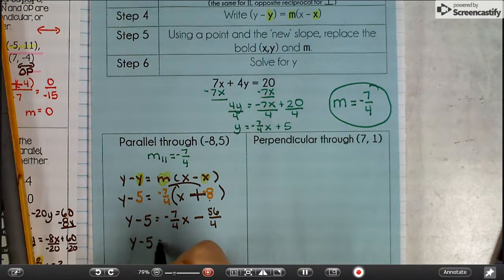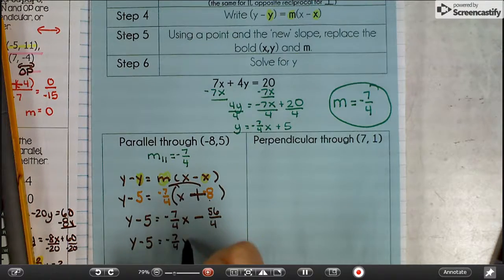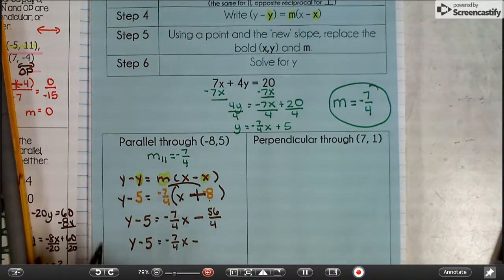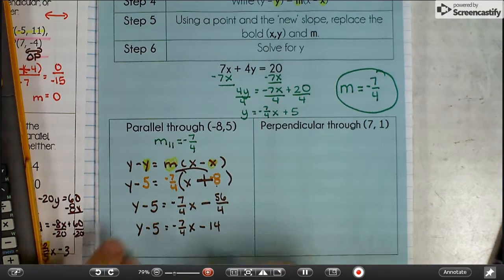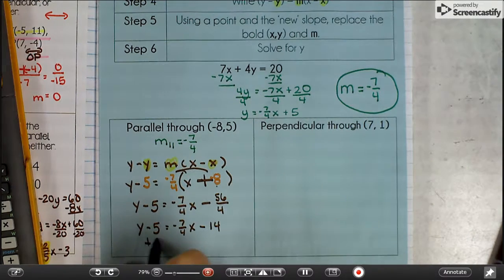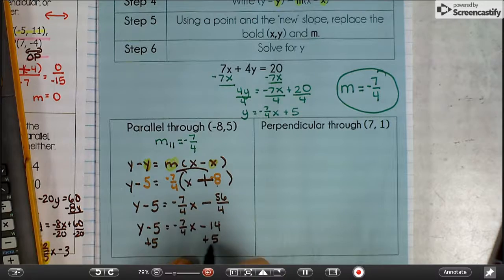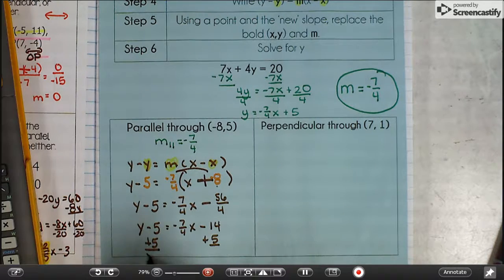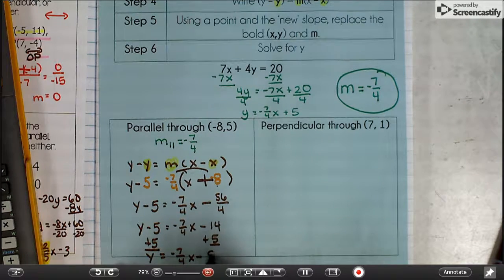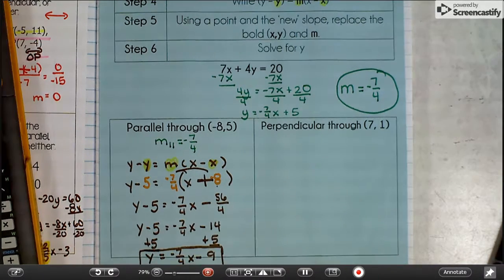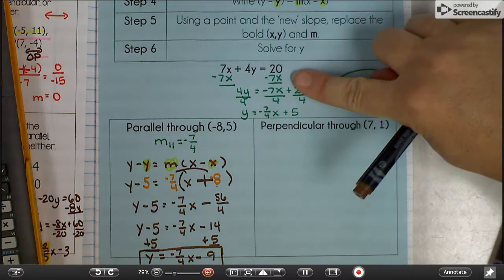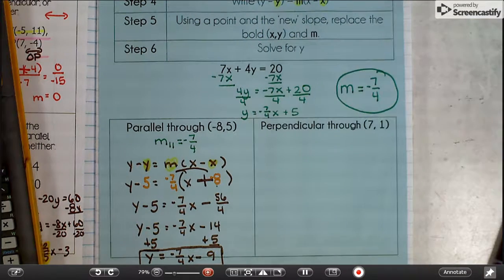Rewrite it, simplifying the fraction, 14. And then we just want to get the y alone, so add 5 to both sides. y equals negative 7 over 4x minus 9. This is the equation of the line that is parallel to this line and passes through the point negative 8, 5.